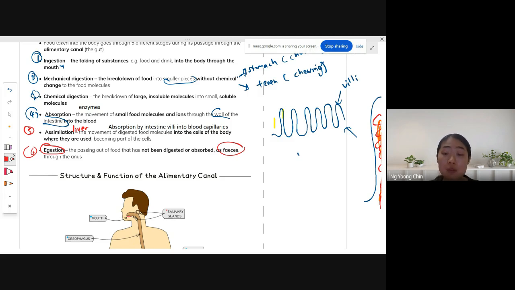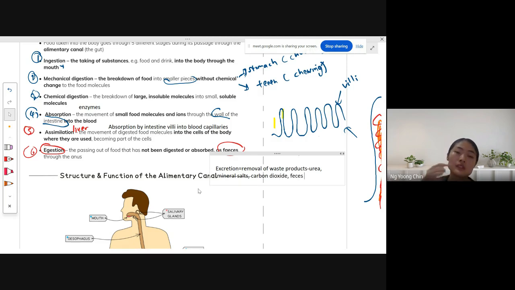Egestion is just about removal of feces. However, excretion refers to the removal of waste products. It includes urea, mineral salts, carbon dioxide, and also feces. It's a broad term.